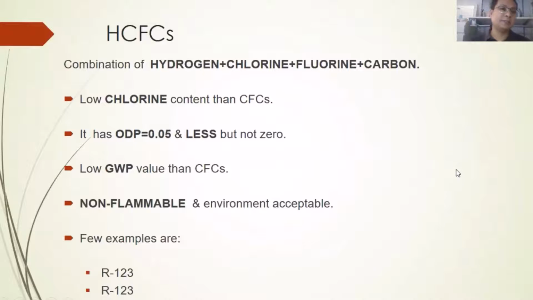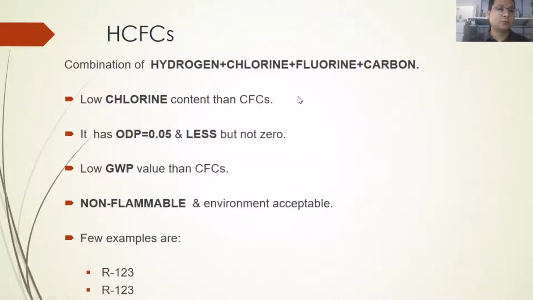Then HCFCs: hydrogen, chlorine, and carbon. Low chlorine. This one is actually after we summarize, and then we have an item to classify the good points and the drawbacks of the HCFC refrigerant itself.